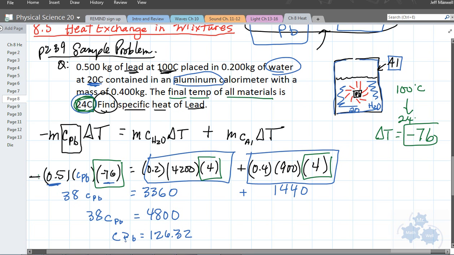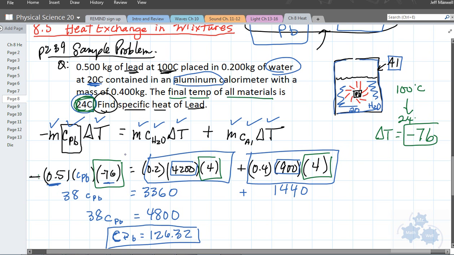We solve now for the specific heat of lead, and we get 126.32. So that's an example of how you could solve a problem where you're looking for just one part of this big long equation, because you're given, or you can find, all of the other values. I should mention that the specific heats of water and aluminum came from the specific heat chart. They weren't given in the question, but we looked them up.